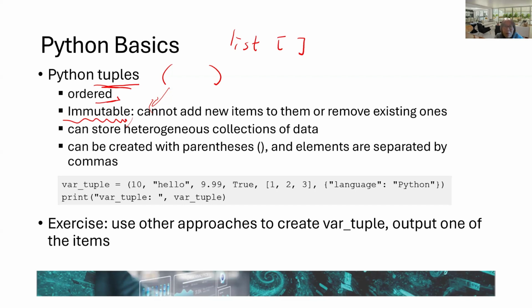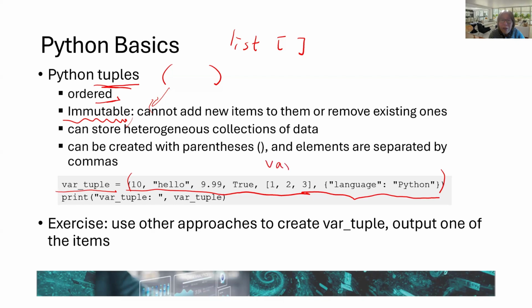Let's take a look at this example. Here we have the variable name, and here you create a tuple. You see all of the elements are the same as the previous list example, but here we store them using parentheses. This means once these items are stored in the tuple, you cannot change it.